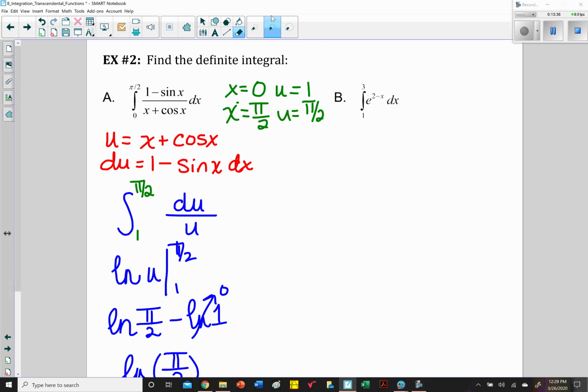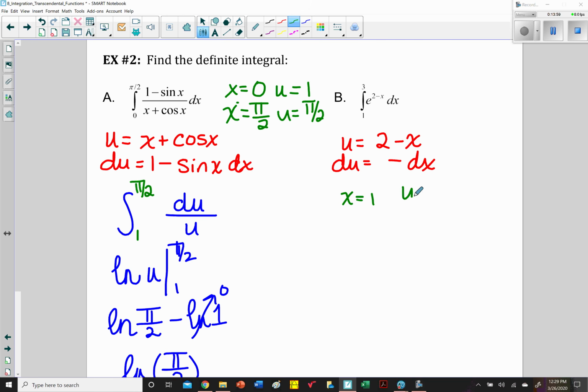And then on B, we'll use the power of 2 minus x. The derivative of 2 minus x is negative 1 dx. When x is 1, u is e to the 2 minus 1.